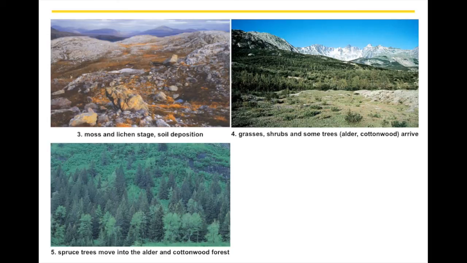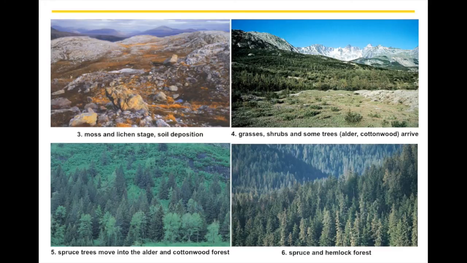And in particular, you'll find that from the alder and cottonwood as original colonizers, you now end up with spruce trees. And spruce is a very powerful colonizer. It is something that follows on in that stage. So you start with lichen, then you go to alder cottonwood, then you end up with spruce trees, and finally you end up with spruce and hemlock.